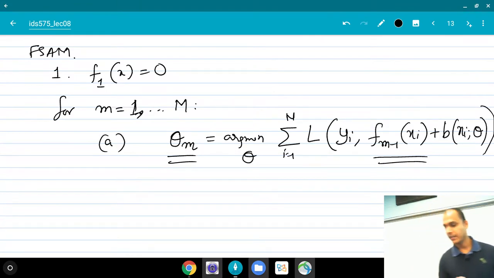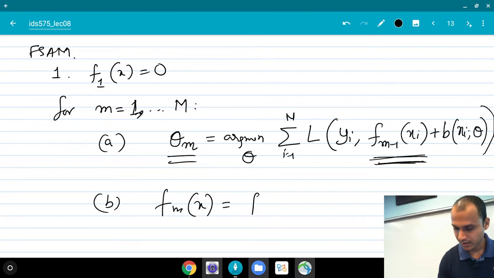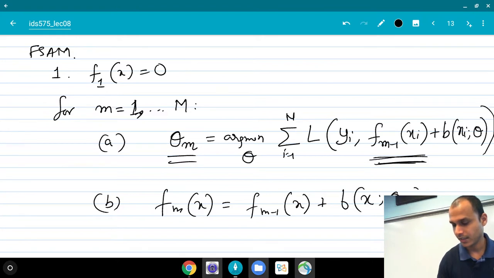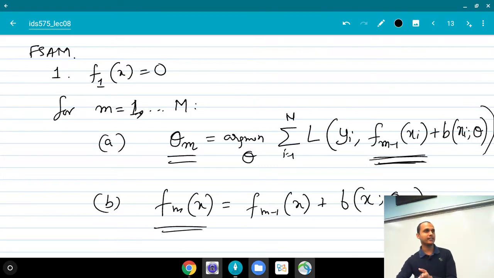So you look at, okay, let me put the b part. What is fm of x? It's fm minus 1 of x plus b of x with theta m. So all I'm saying is you keep a running average of your models. The running average of the previous m minus 1 models is fm minus 1.